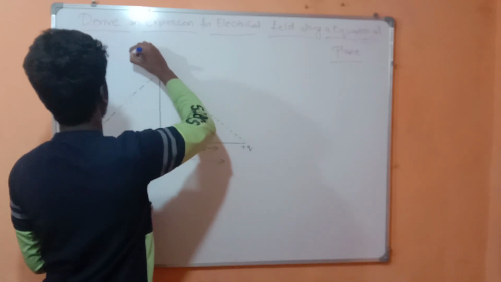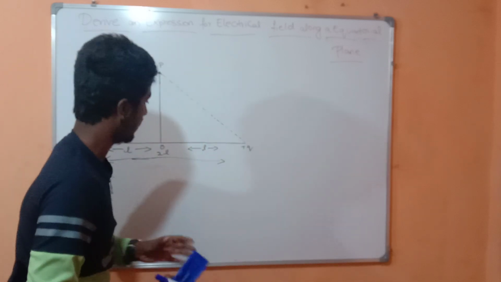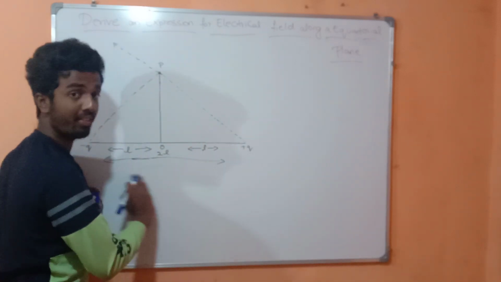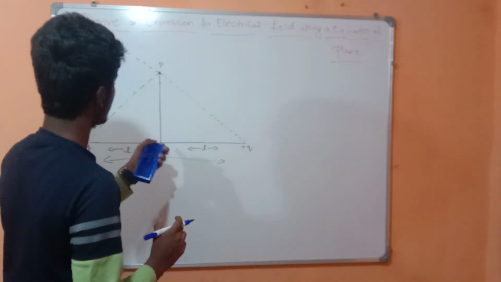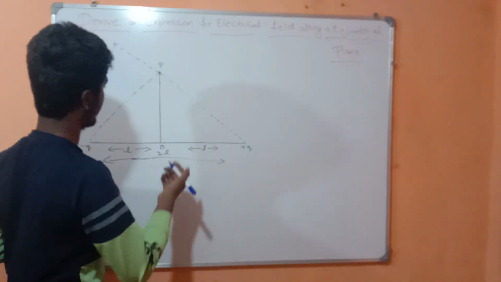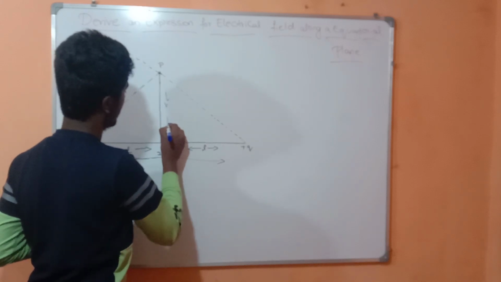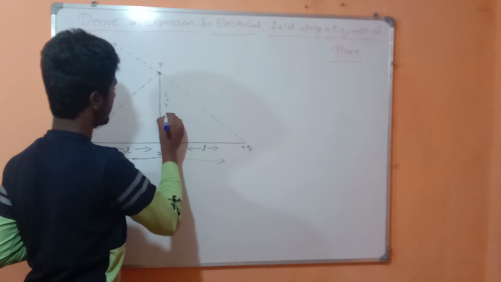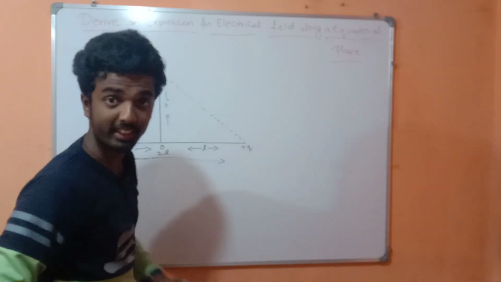Let me write an imaginary line. Here it will act. The length of the dipole is 2L. What is the distance between P and O? Let me consider it as R. What is the distance between P and the positive charge?